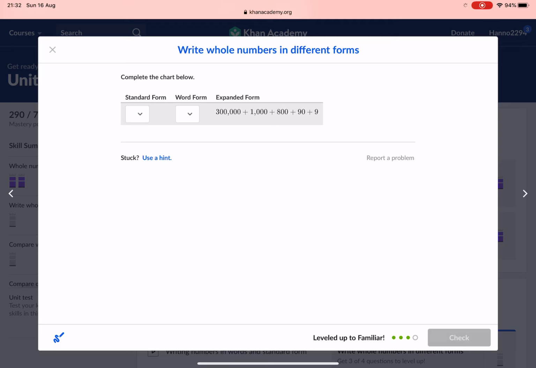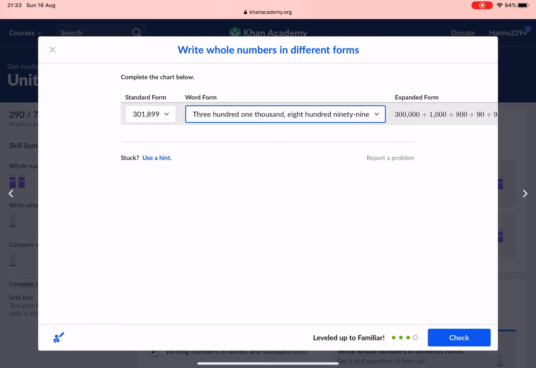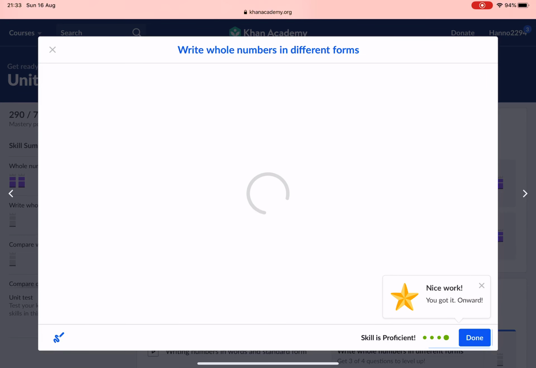Now the last question, and we're going to move on to another subject. 300,000, 1,800. So 3 in the front, 1 in the back, which is this one. What form is 330? No, it's 300. Yes, this one. Check. I got it right.